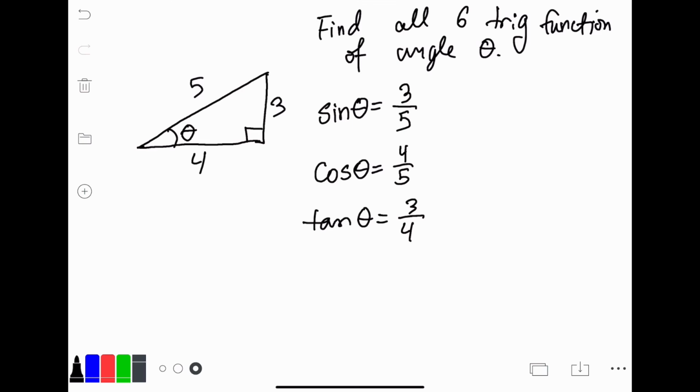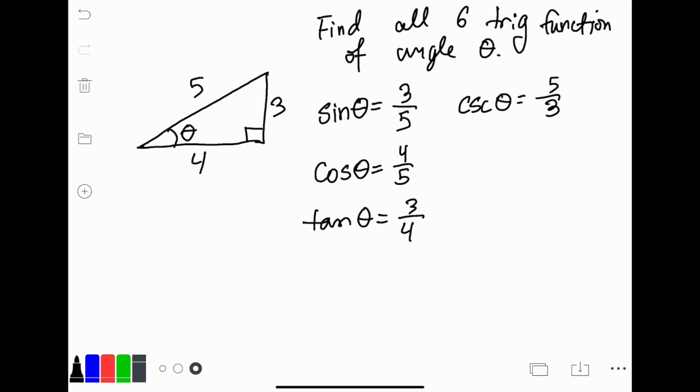Now, the other 3 trig functions are super easy because all you need to do is find the reciprocal of these 3. So let's say we want to find the reciprocal of sine. Well, the reciprocal of sine is cosecant, and that would just be 5/3.